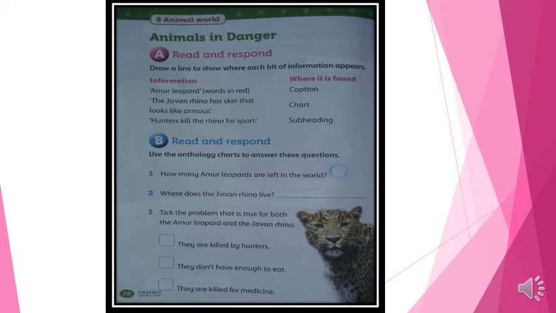It is common for both, or they don't have enough to eat. This is the common thing. Or they are killed for medicine. They both are killed for medicine. So you are going to tick only one box, that is the proper one, that is common for both of them. So I am waiting for your answer. Start doing it.